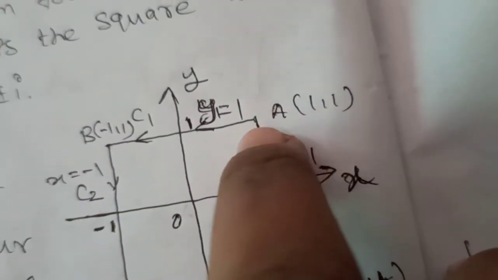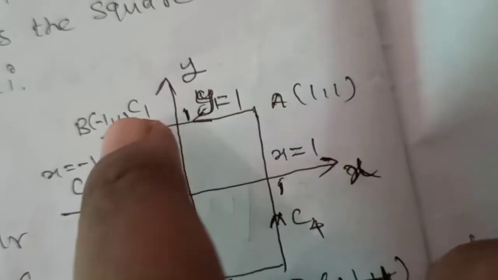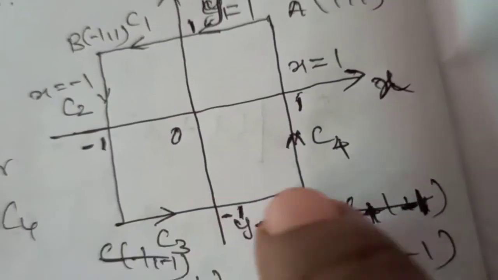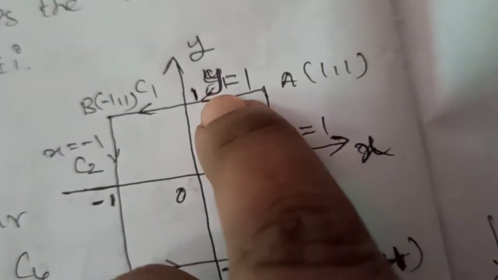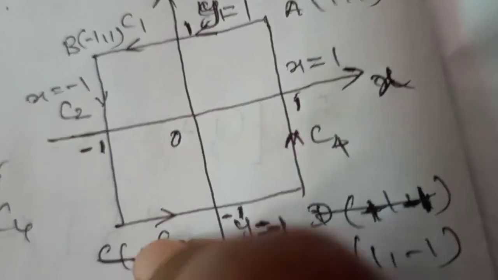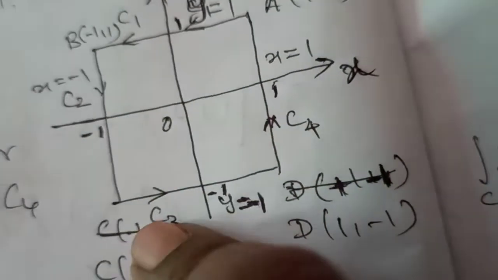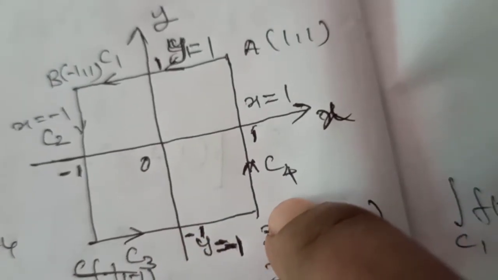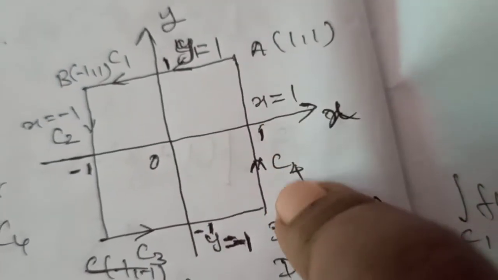The curve passes from A to B, B to C, C to D, and D to A. So A to B gives curve C1, B to C gives C2, C to D gives C3, and D to A gives C4.